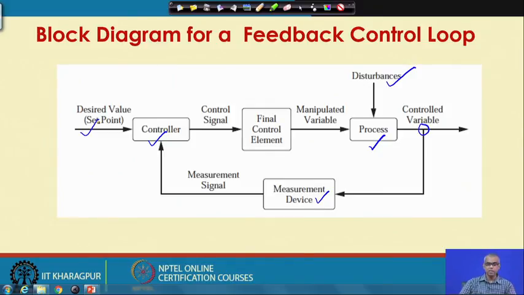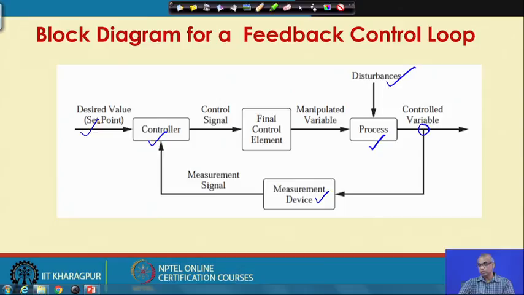The error signal is nothing but the difference between the measurement signal and the set point value. So, based on the error signal, the controller decides what has to be done to the manipulated variable.